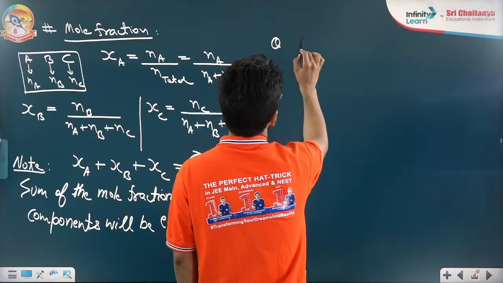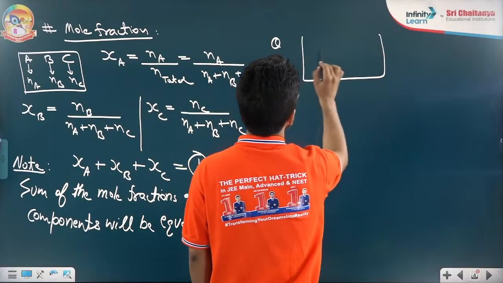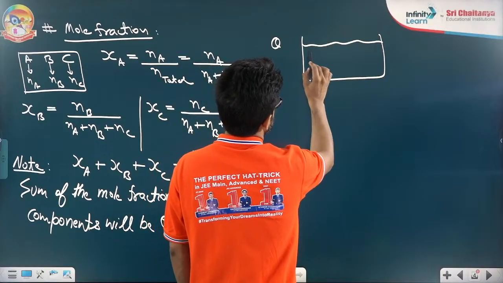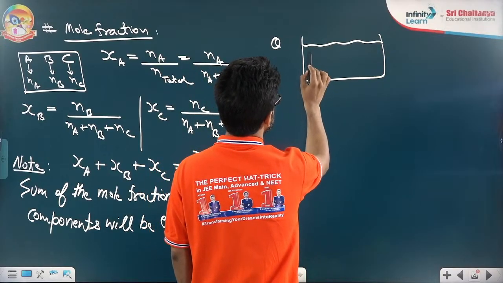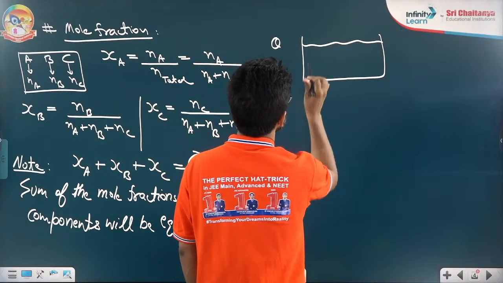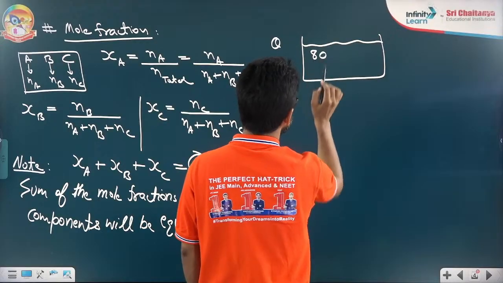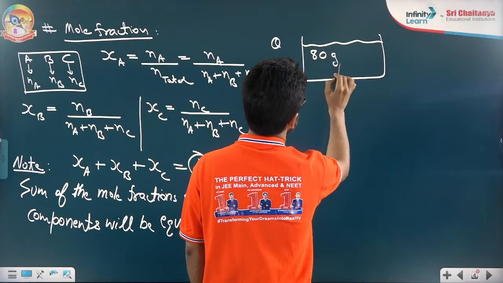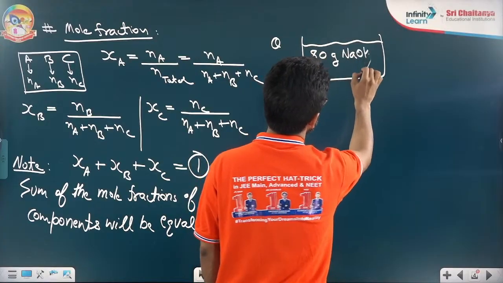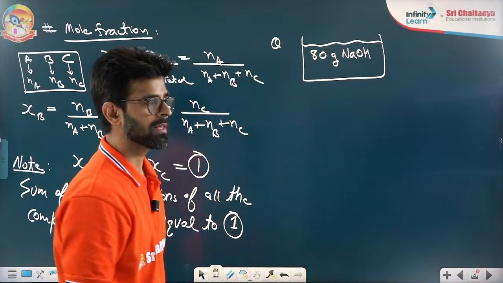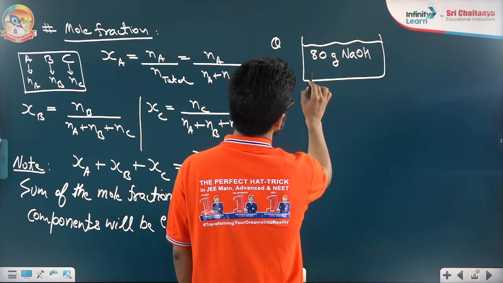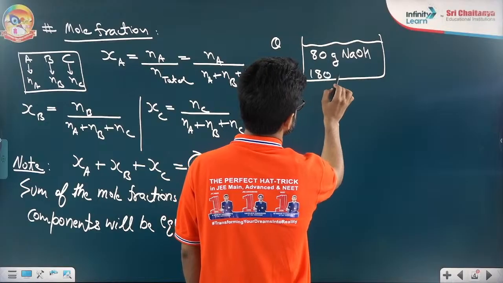Now look at this. In this question, you have to find the mole fraction of both components. Like here, it's a solution. Imagine, beta, we are having 80 gram of NaOH in solution, and imagine 180 gram water.